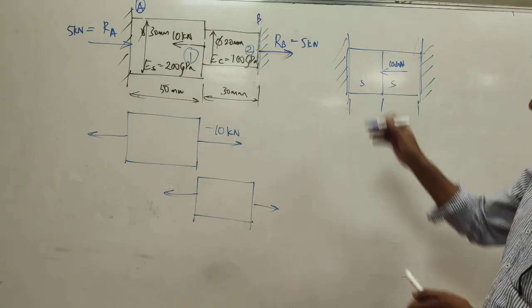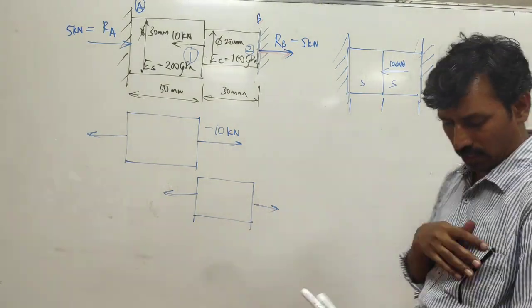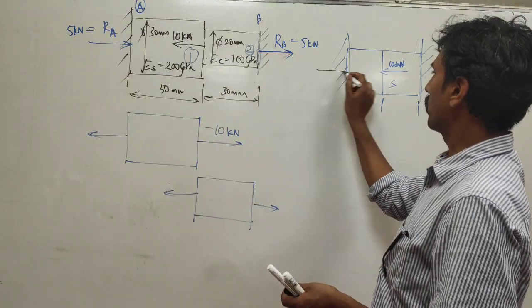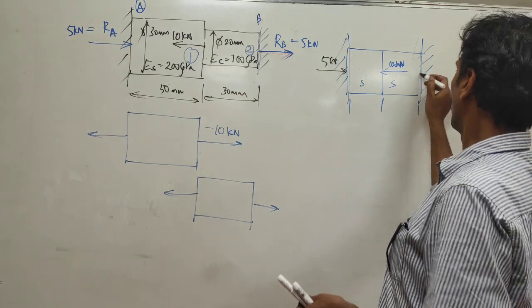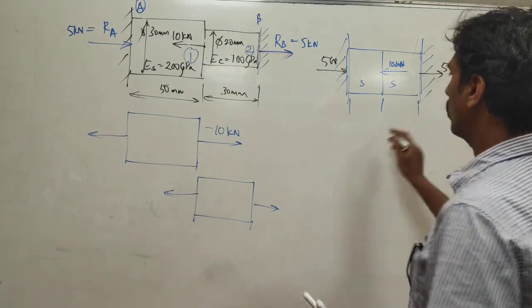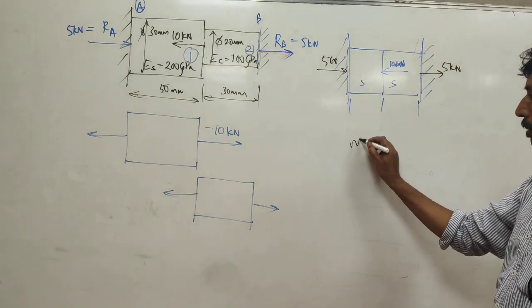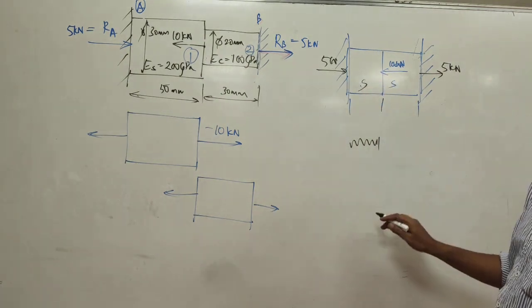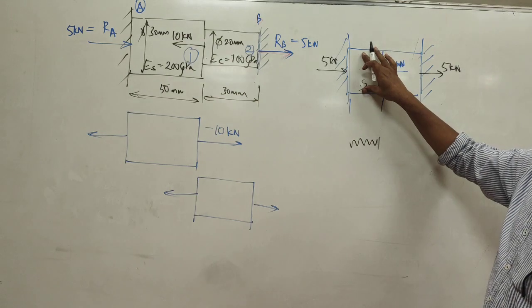Then I would have written that each end produces 5 kilonewton, because this material is like a spring of the same stiffness: steel, same area, same length.